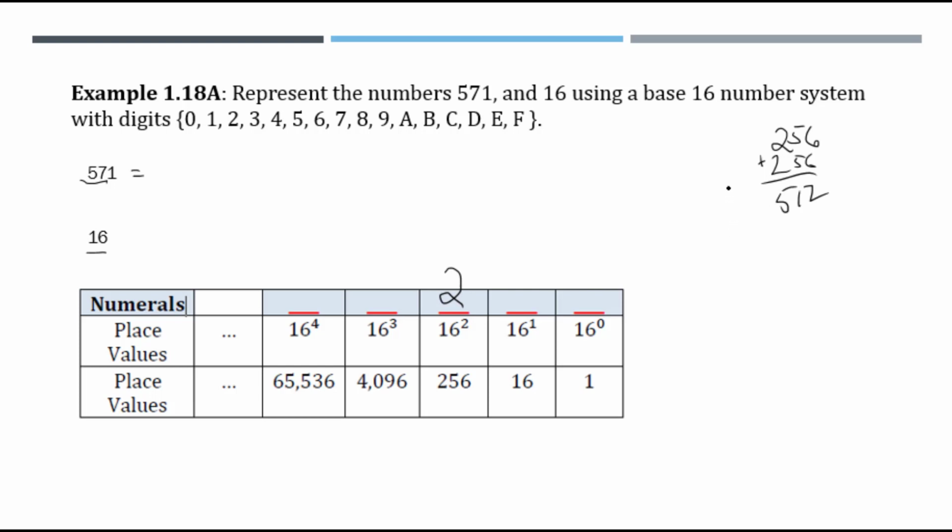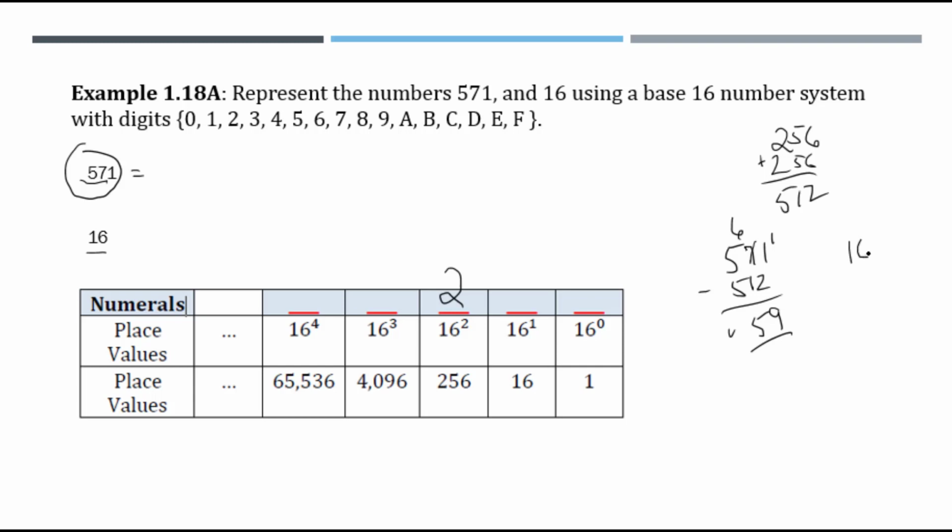So I'm going to take 571, and I'm going to subtract the 512 that I already have right here. And I'm going to get 59 left. So if I just put two zeros here, that number would be 512. But I don't want 512, I want 571. So I need 59 more. So let's go to 16. How many of those can I get in 59?